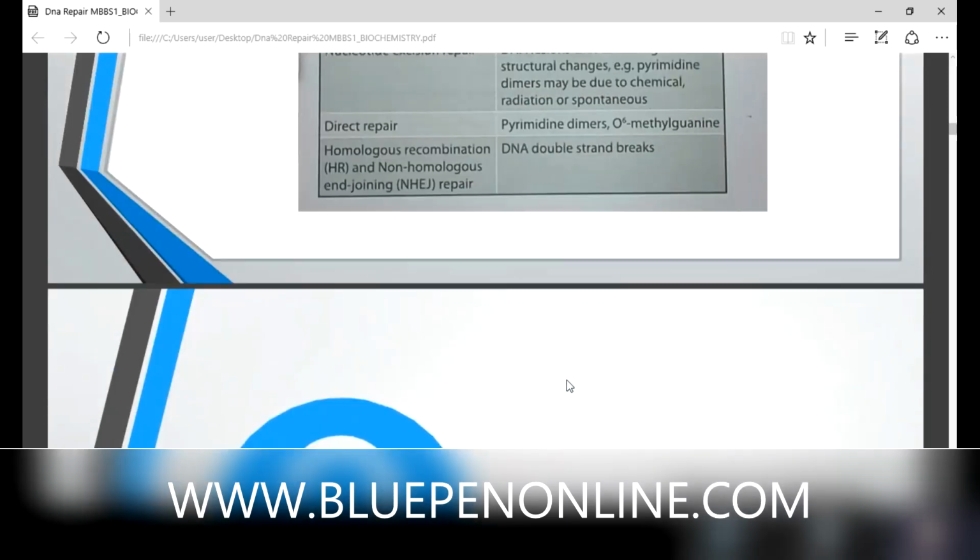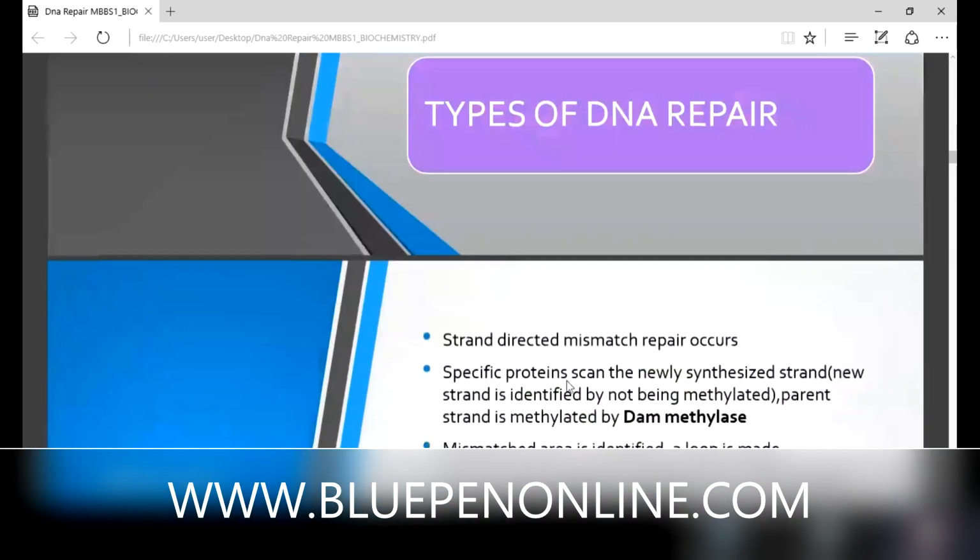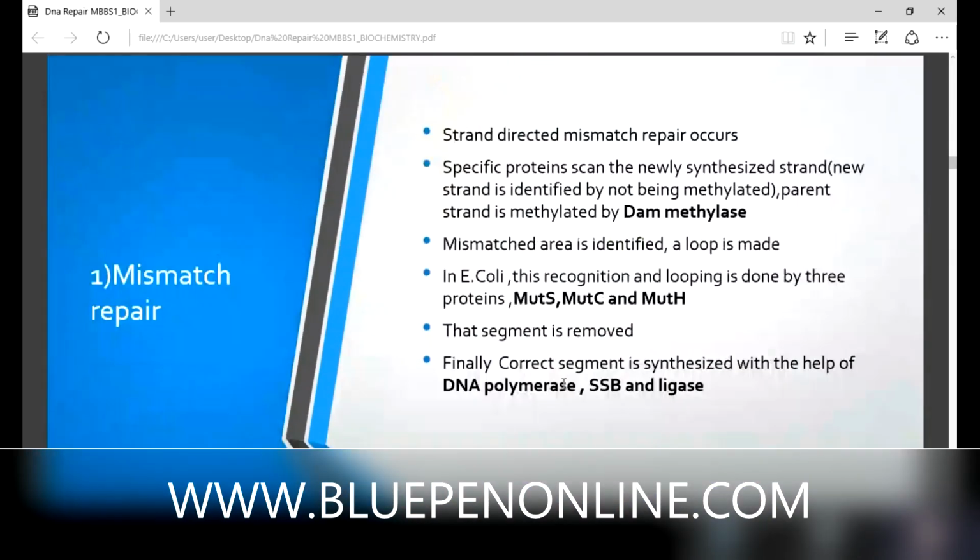Then next we are entering into the first repair, known as mismatch repair. First we are going to study the steps, then we can see the diagram. Strand directed mismatch repair occurs. That means there are 2 strands in DNA, one parent strand and one newly synthesized strand.